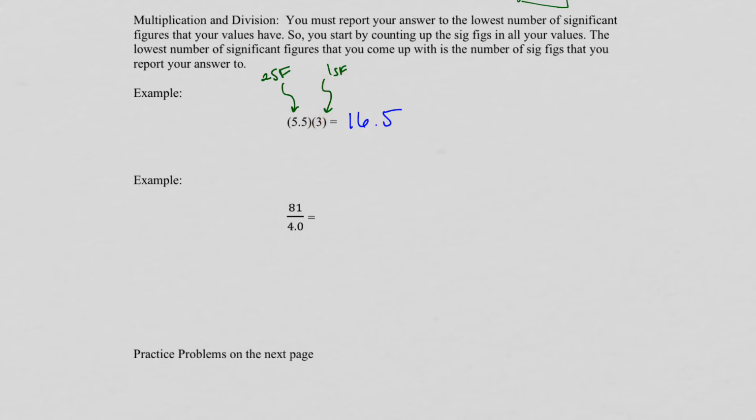So this would actually be rounded up to 20. Right? 20. And if I was going to be really accurate, what I would do is I would write 2 times 10 to the first. Because 20, and I put this decimal point here and I shouldn't have. Right? If I just write 20, that's ambiguous.